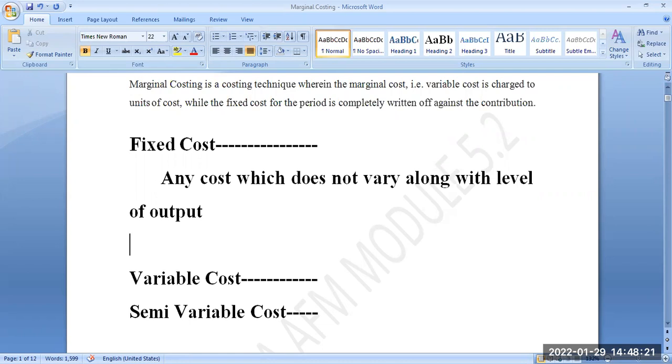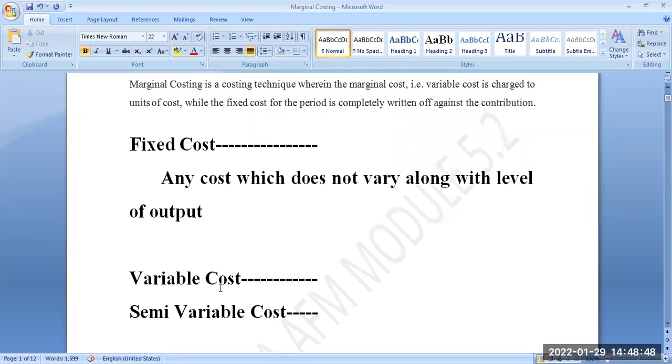That time also they will be paying the same money. Am I right or not? Then the salary paid by the university to the teacher is a fixed cost to the university. Whether 2 students are attending or 20 or 50, no matter. In that way, it is called fixed cost.